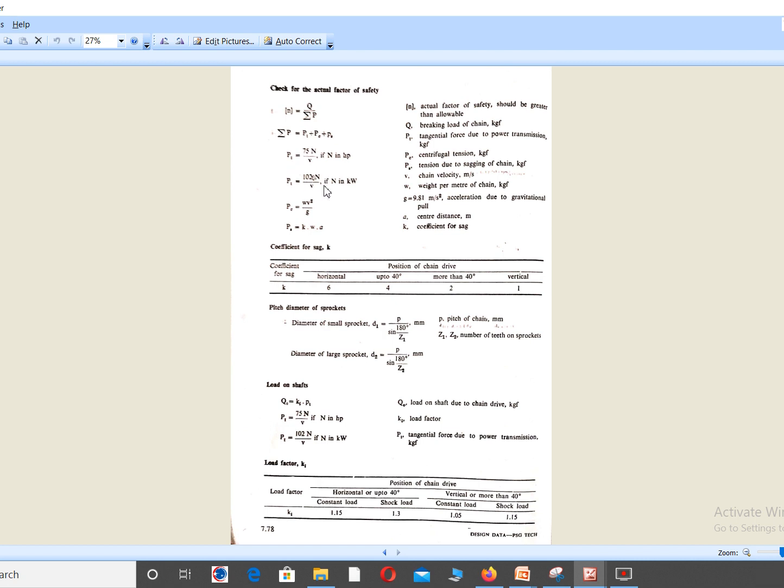In your data book the value will be 102 N divided by V, but it is actually 1020 N divided by V, so make the necessary correction. You need to multiply 1020 into N divided by V. Similarly, the centrifugal force can also be found from here, W into V square by G, and the PS value can also be obtained from the same page.